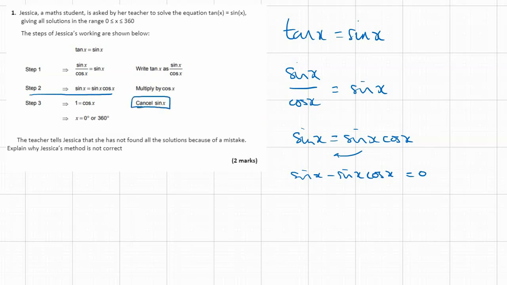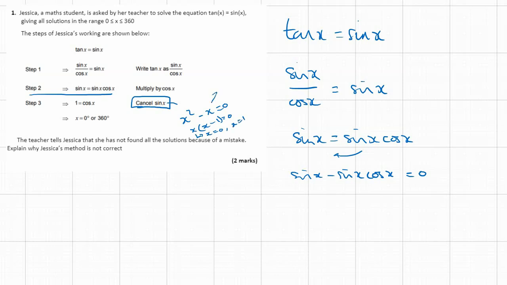Never ever do that. You can't just cancel out by a variable something you're wanting to find. So if you had something that was like this, you'd never just cancel out and say this. You would have always factorized it out, because that gives you a solution of x equals 0 and x equals 1.